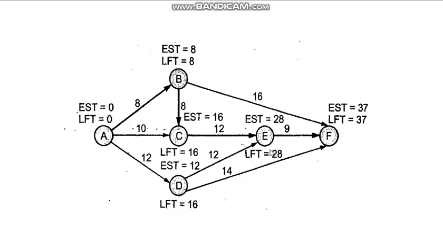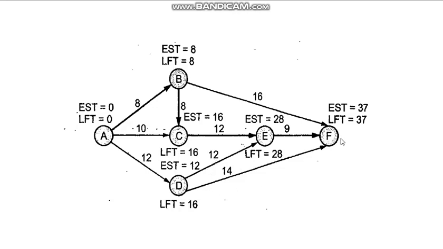Now after F and E, let us come to D. There are two branches here for D, so you have to see through both ways. Here it is 28 minus 12, which gives you 16.